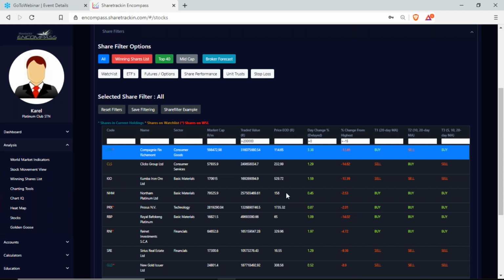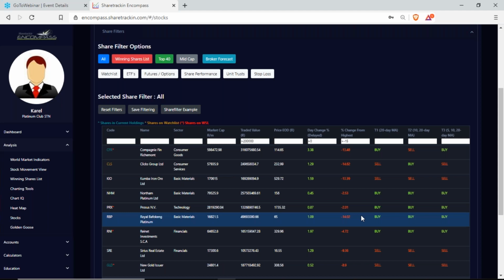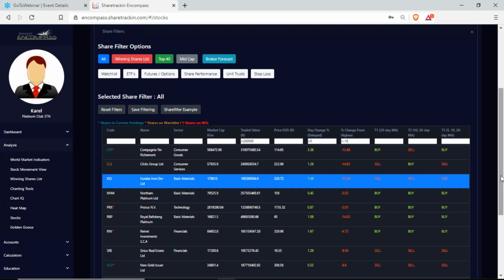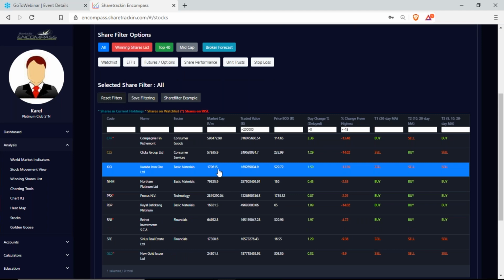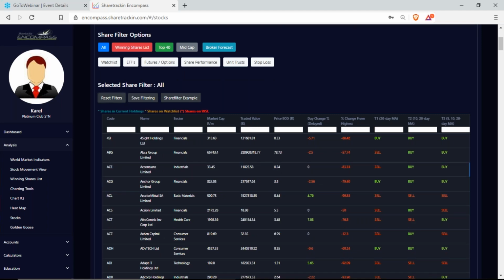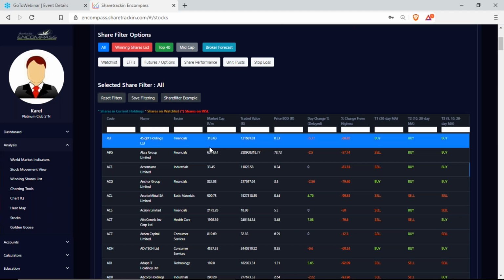In other words, if I look at any specific share, let's take that first one there, for SI, it has over 313 million rands worth of shares still available. Okay, market cap.